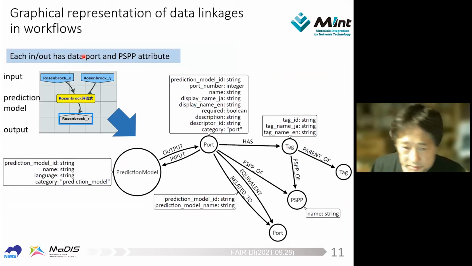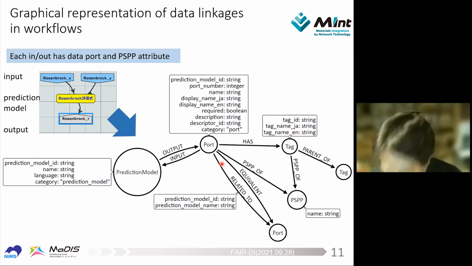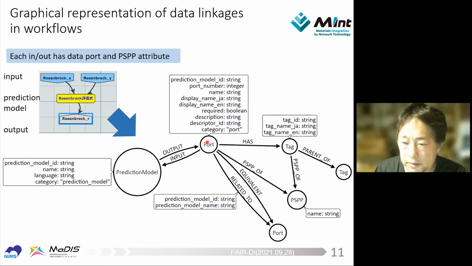And here is the graph structure of the database of our workflow system. Input ports, output ports, prediction models, and the relations between each node are expressed just like here.